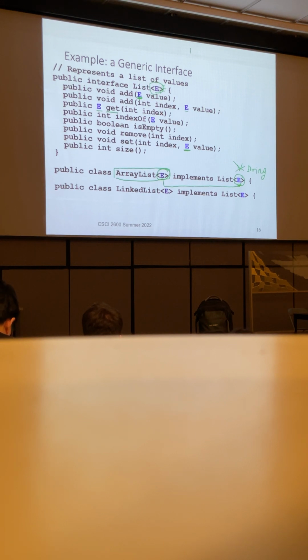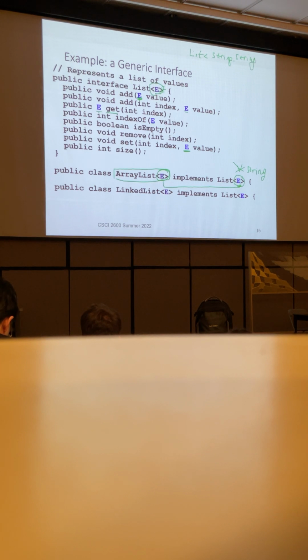What you're saying is when someone uses your list, you want to force them to write string comma string, and make sure that these two types are the same. But then you don't need E comma E for that. Just use E, and that would guarantee it, otherwise you would force your client to repeat this string. Just use E and say, well, this list needs one parameter. And then you can use it multiple times, but it's one parameter.